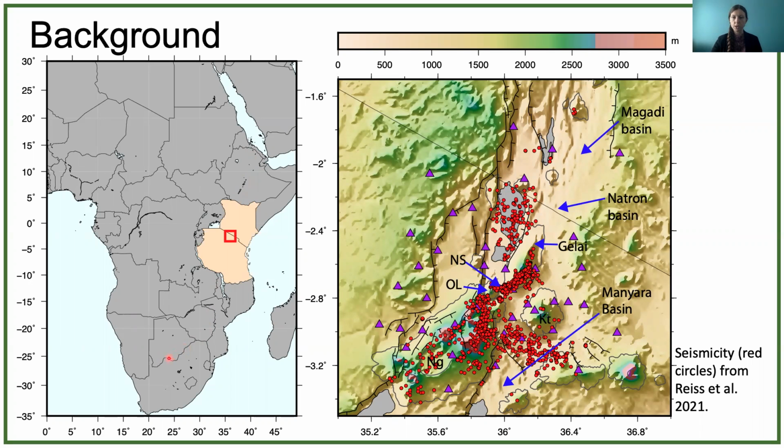The area has slow extension rates of about 1 to 5 millimeters per year, and there's less than 20% crustal extension. And the area we focus on is the Eastern Rift system in here, with Kenya to the north and Tanzania in the south. And the red box is the focus of our study.